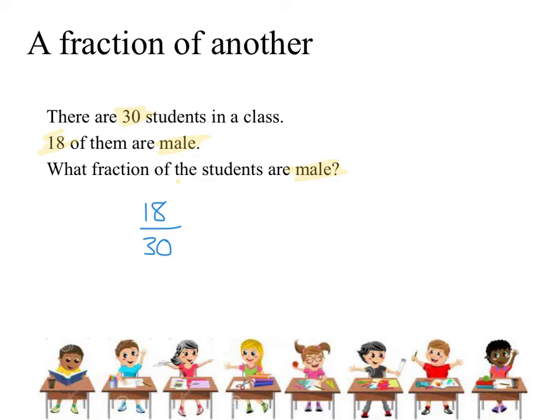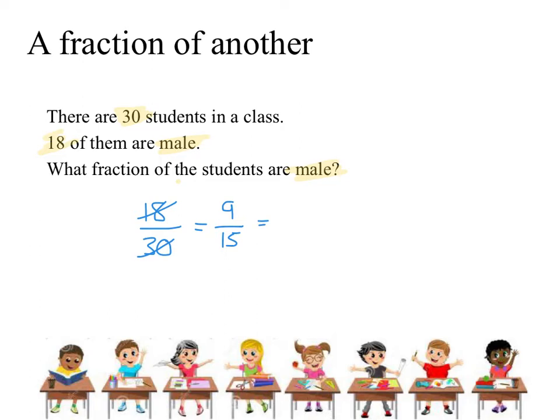That's 18 out of 30, but I know, and you know, we can simplify that. What number goes into 18 and 30? I can divide them both by 2. So half of that is 9 and 9 is 18, and half of that is 15.